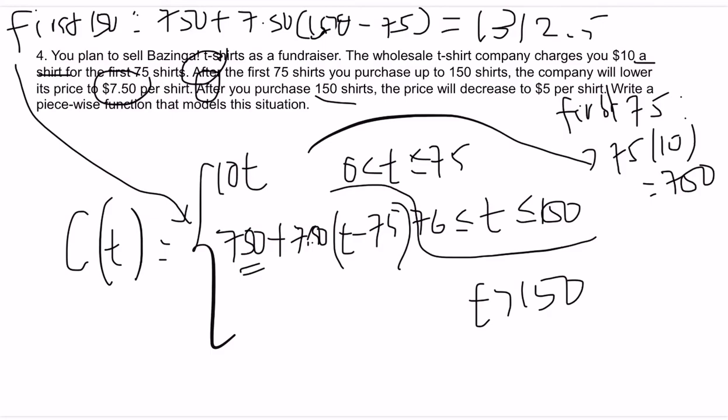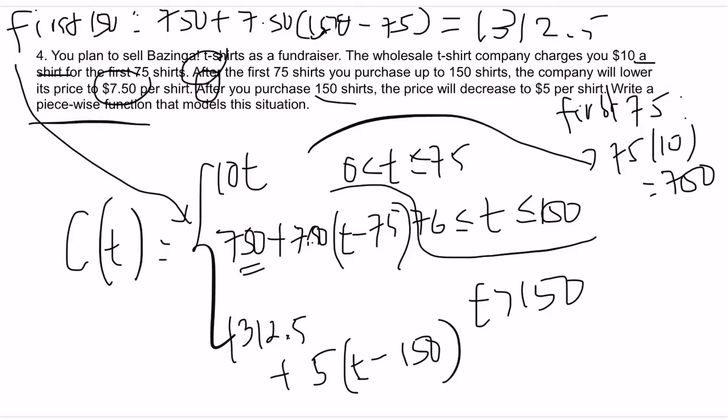So meaning the first 150 shirts cost 1312.5. Then plus the excess. The excess will be $5 times T minus 150. So that is now our final answer, since we are only asked to write the piecewise function.